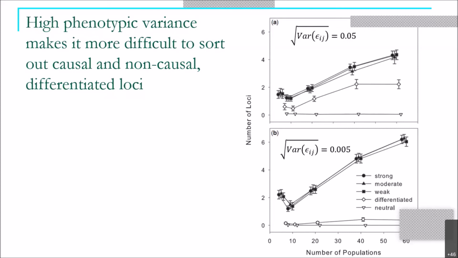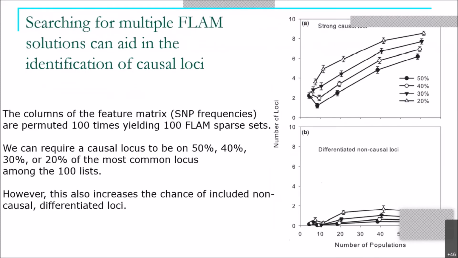Now, this is all in the world of simulations, and of course, what you're really going to be interested in is how does this do in real life? A very important feature of using FLAM, which we sort of accidentally discovered as we were using the Peterson software in R, is you have to do permutations, or FLAM will just take your data in the order you have it ordered in, which in the case of flies is a well-defined genomic order.